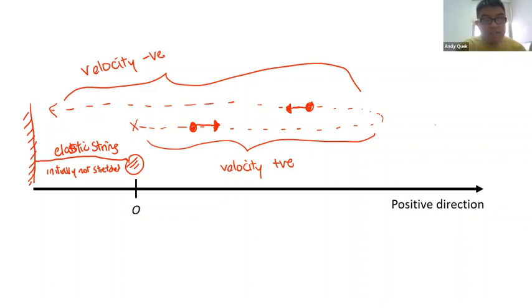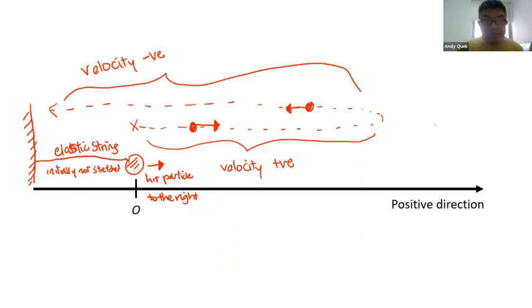Now, what causes the particle to move is possibly you hit it. So you apply a force, hit the particle to the right, maybe using a hockey stick, and then the particle will start moving to the right.